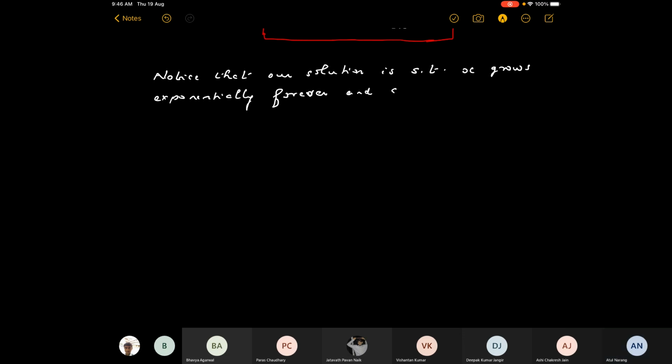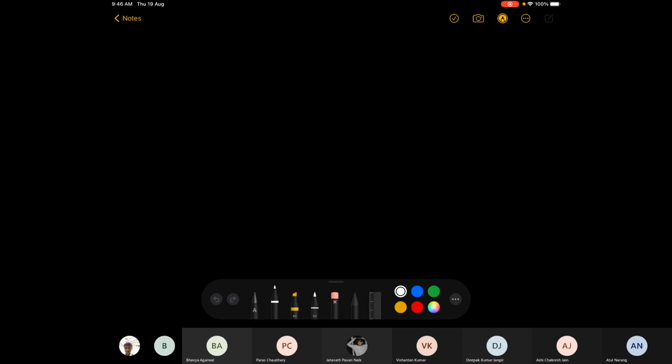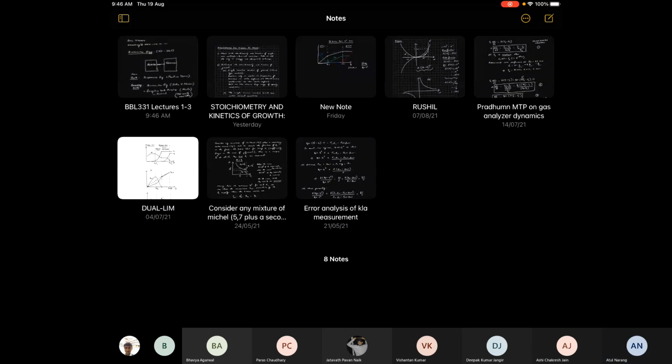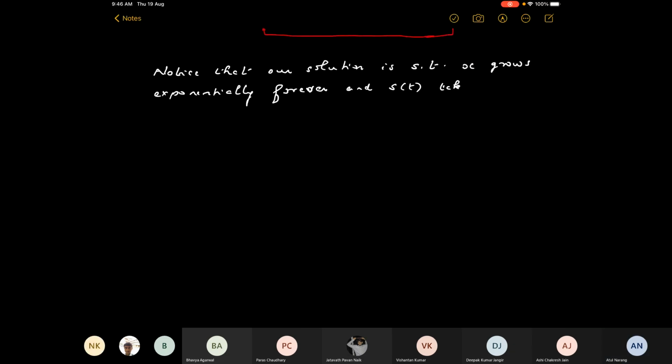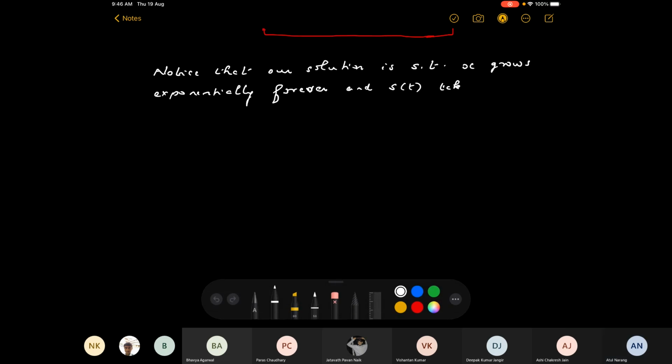And S of t can take negative values at large time.